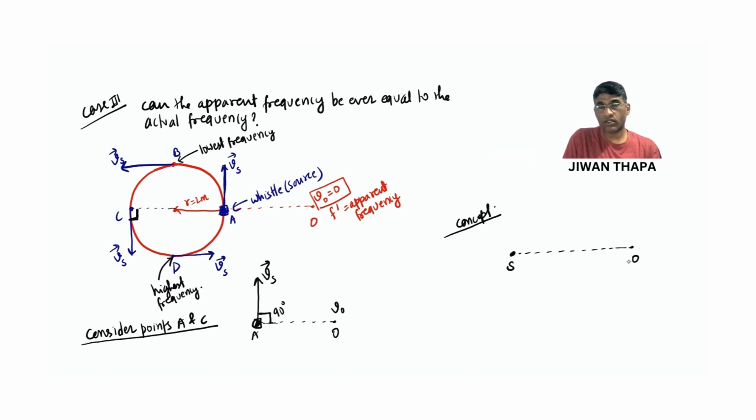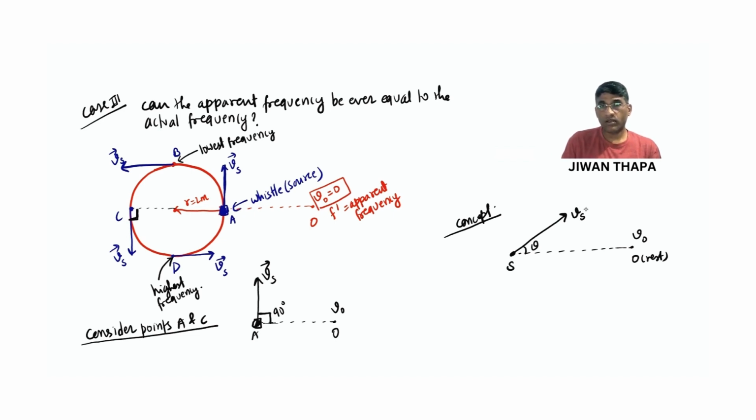Now, let's assume that the observer is at rest, and the source is moving with speed Vs, making angle theta with this line joining source and observer.